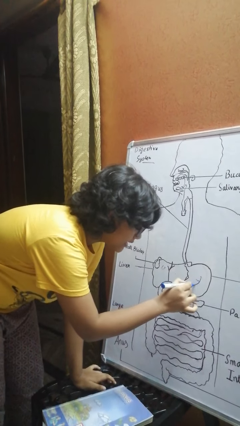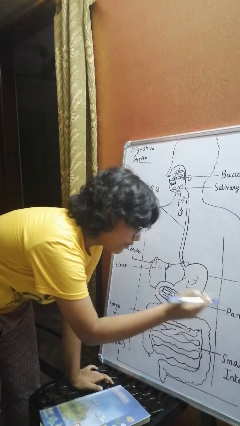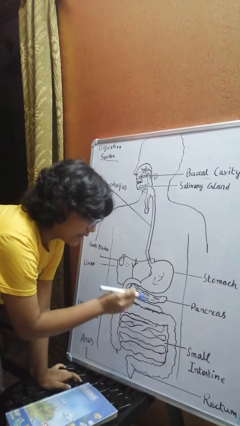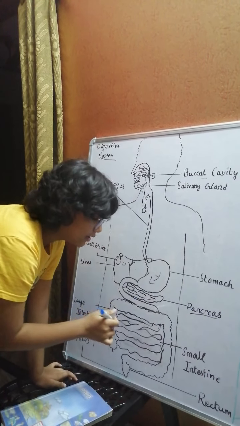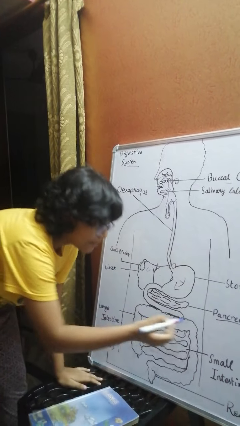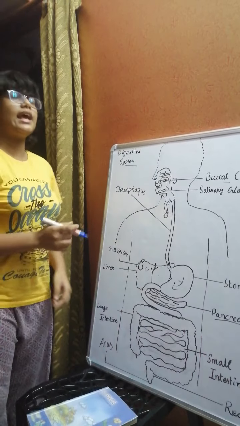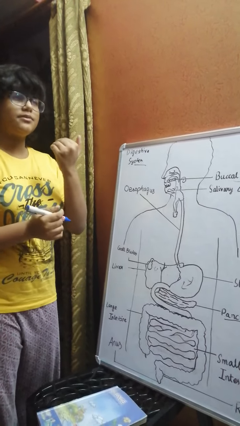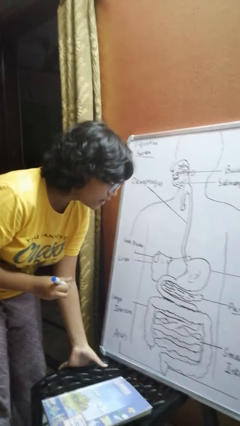Next we move to the small intestine. But before that, there is another gland, a skin-colored gland called the pancreas. It also helps in digestion. The pancreas secretes a digestive juice which helps in all types of digestion, like proteins, fats, carbohydrates, everything.